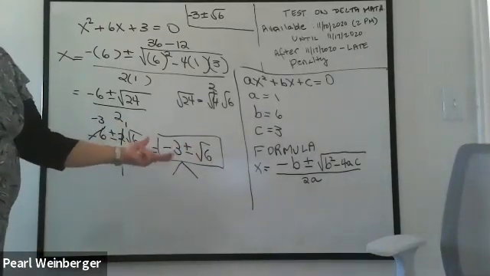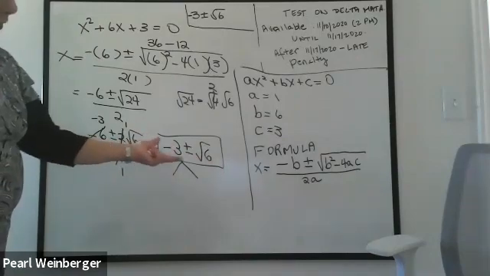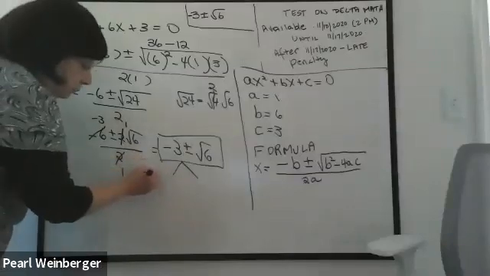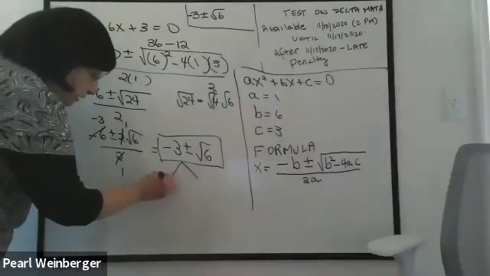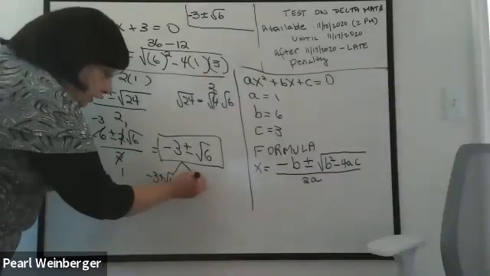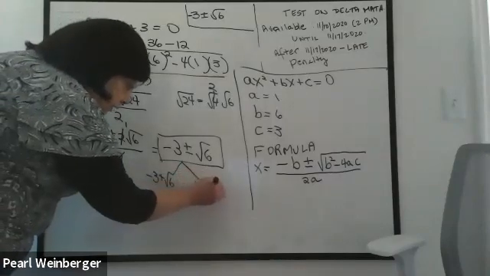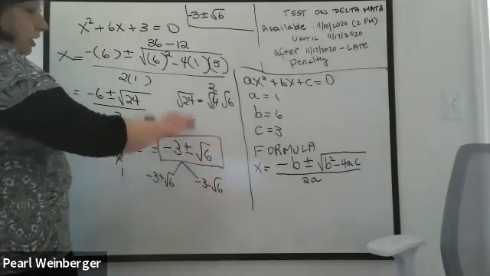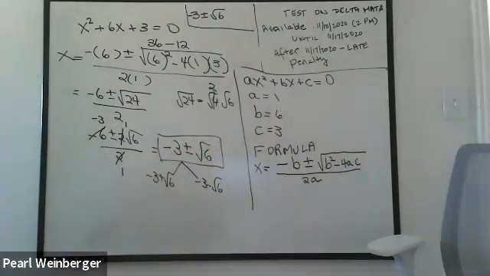We usually leave our irrational answers in what we call simplified form. One answer is -3 plus radical 6. One answer is -3 minus radical 6. Again, we usually leave it with a plus minus sign.